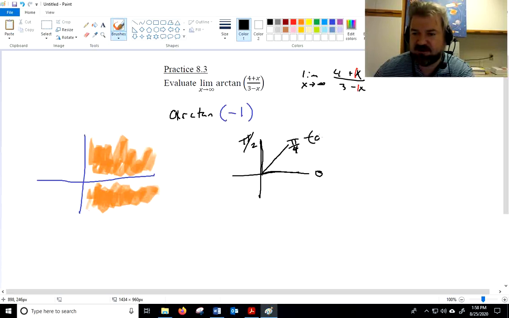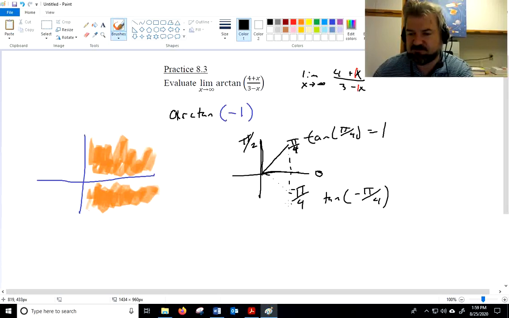So the tangent value there must be 1. So down here at negative pi over 4, that's where the tangent value is going to be negative 1, because the cosine is still positive, so the cosine is square root of 2 over 2, but the sine is a negative square root of 2 over 2. So that makes that a negative 1.